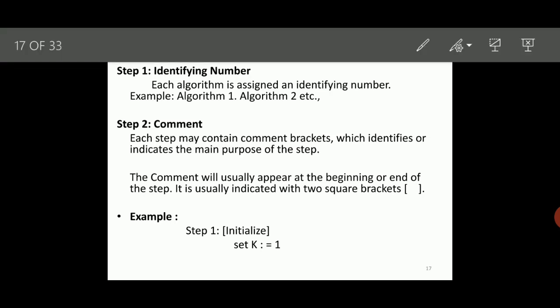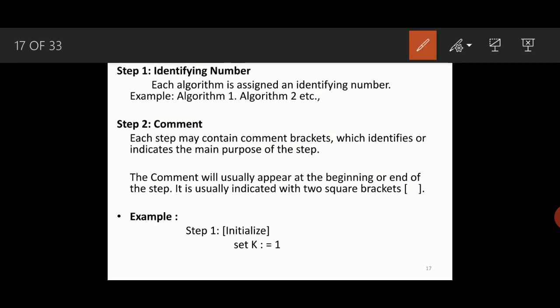First of all, the first step is identifying the number. That means each algorithm is assigned an identifier. If it is an algorithm for add, then we will write algo for add.